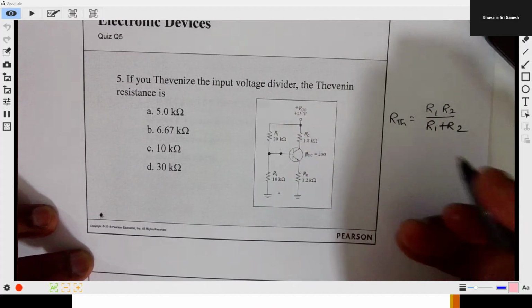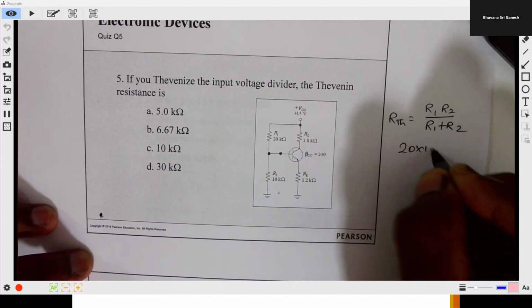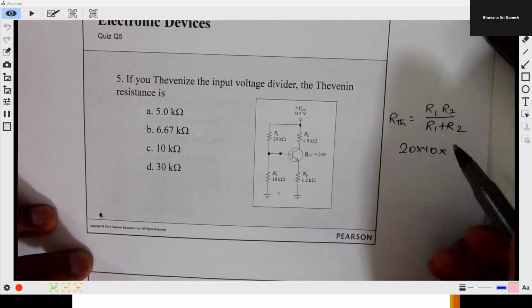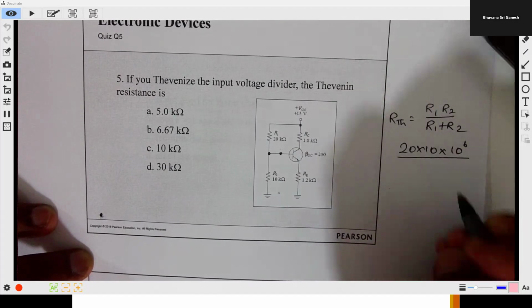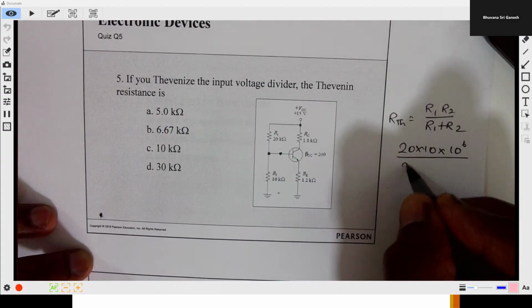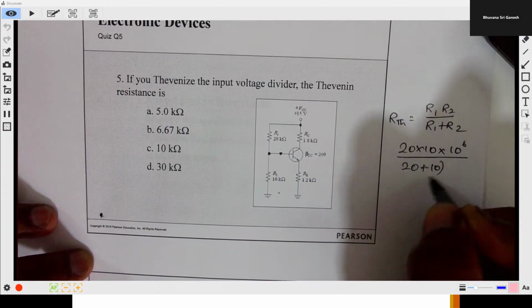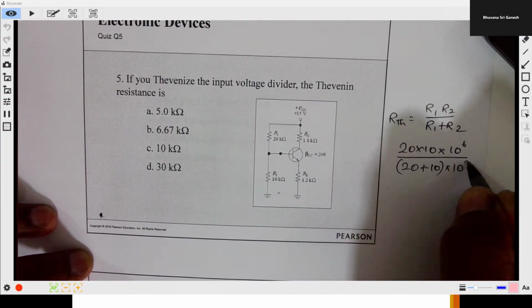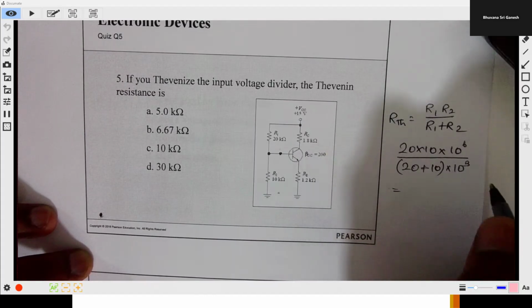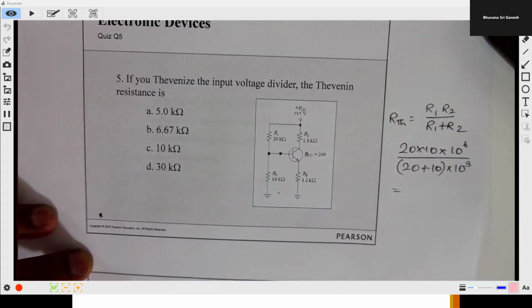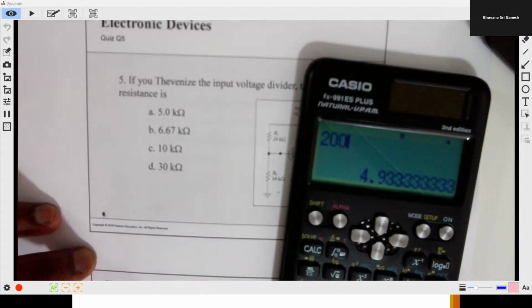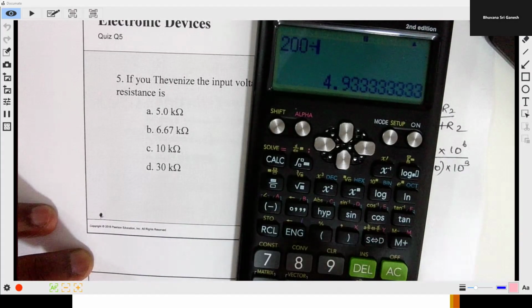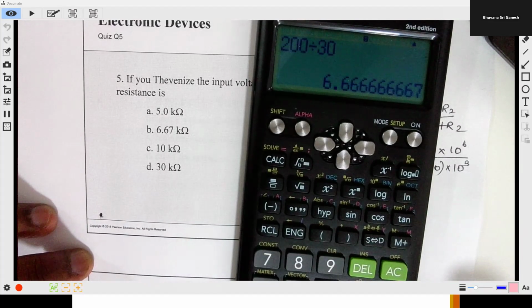So 20 times 10 times 10 power 3 in here, 10 power 3 in here, so 10 power 6 in multiplication. R1 plus R2 is 20 plus 10 and 10 power positive 3 is common, right? So 200 over 30, 200 divided by 30 equals 6.67.